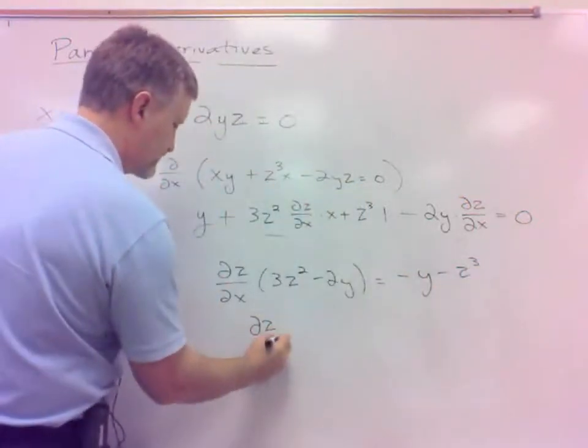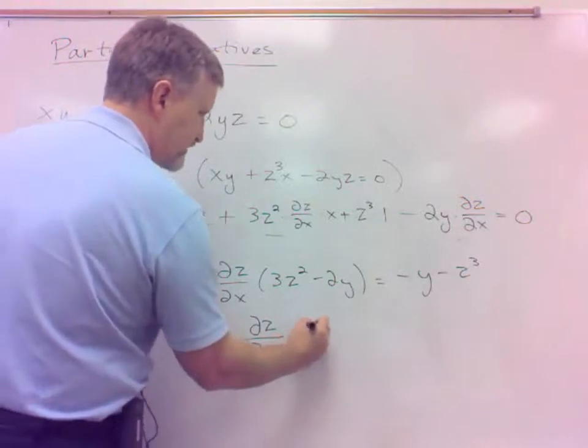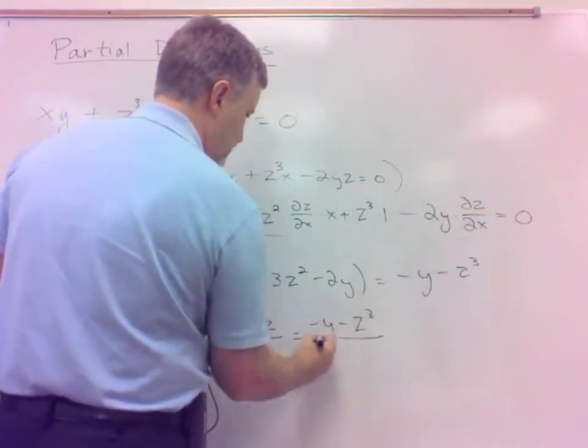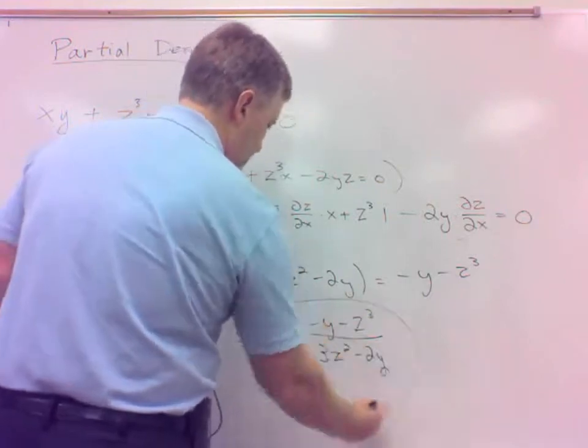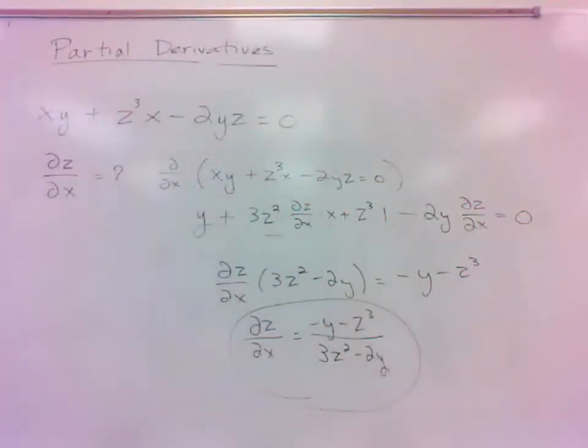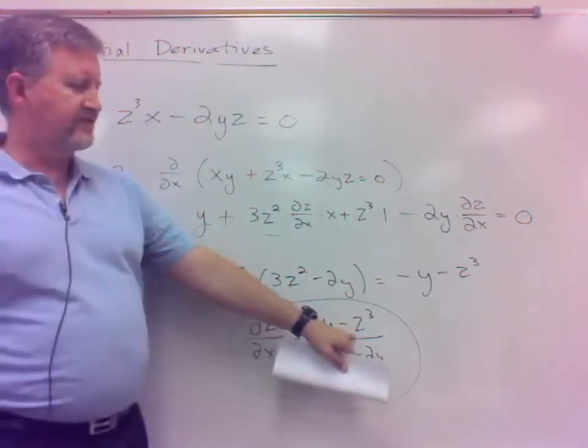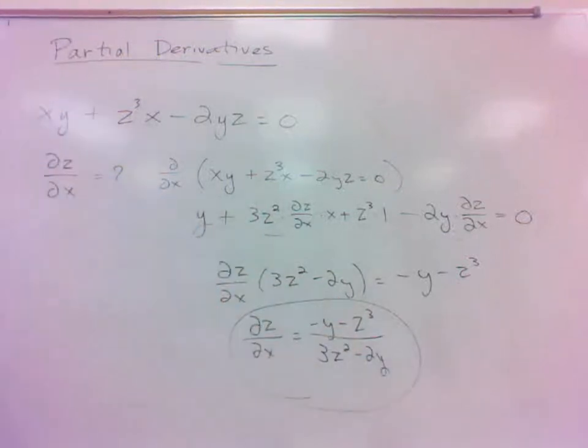So the partial of z with respect to x is negative y minus z cubed over 3z squared minus 2y. Well, the problem there is you've got z in your notation there, so it'd be a little difficult to find out what z is there.